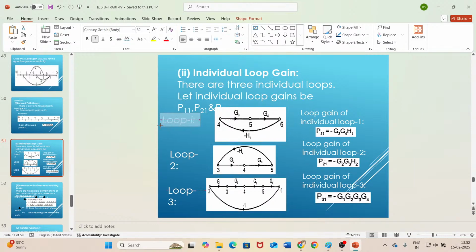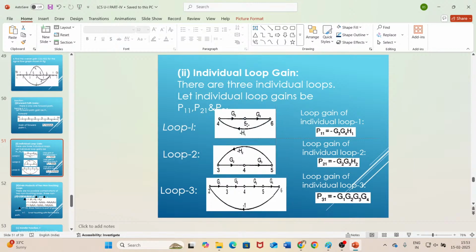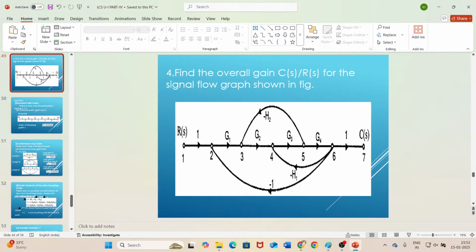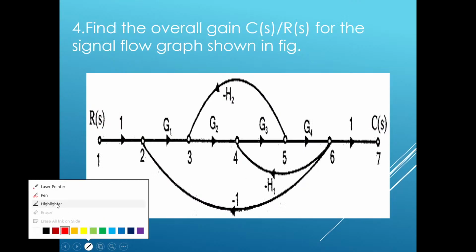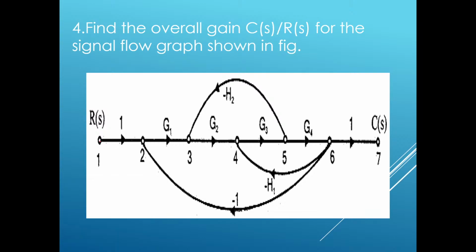I'll just make some modifications here. So let me check how many loops are there in this given signal flow graph. In this graph, I should say, this is the graph. So how many loops are there?